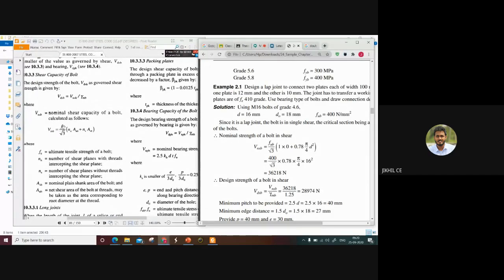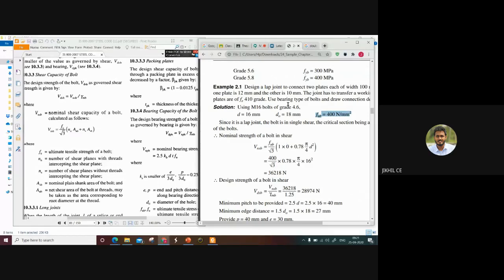VNSB is equal to FU by root 3 into NN into ANB plus NS into ASB, where FU is the ultimate stress. You can cross-check it with the problem. So FUB is 400, by root 3 is a constant, into NN ANB plus NS ASB.